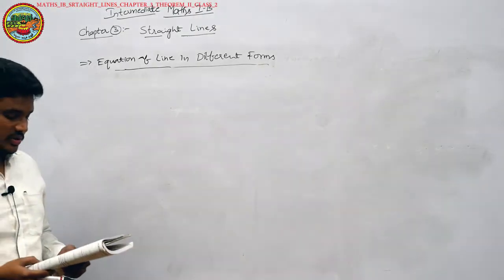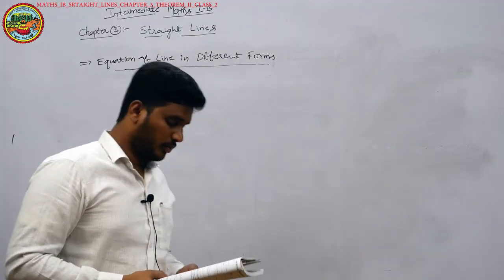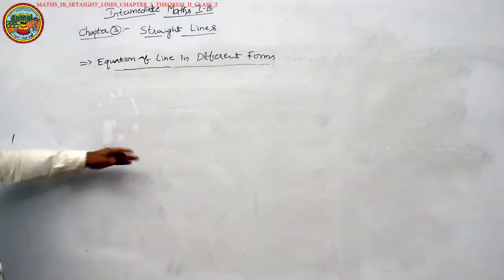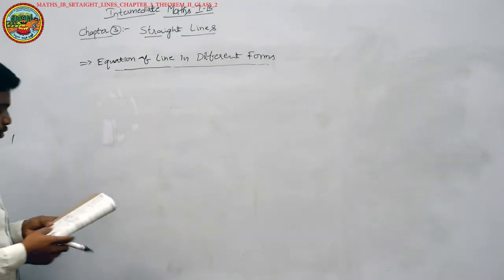Next, the equation of the line in 2-point form. Previously we discussed slope point form, now 2-point form.